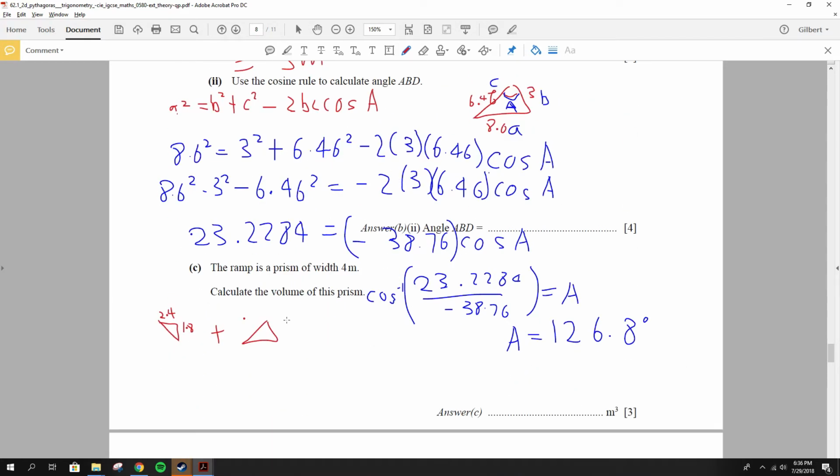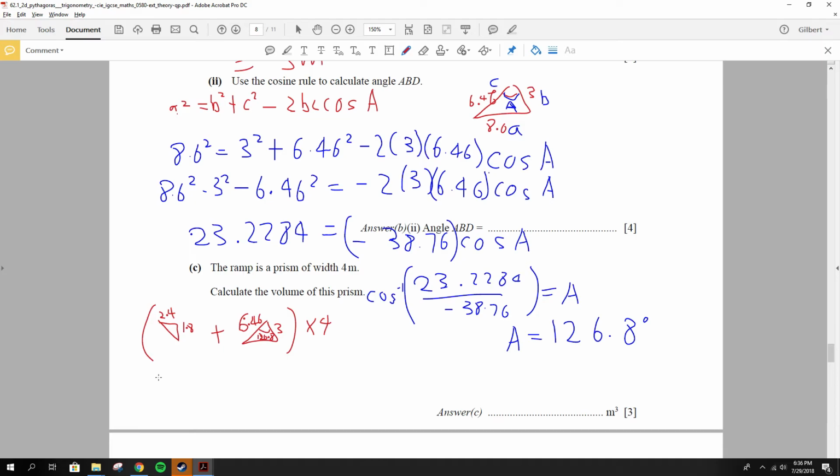The real values you needed were 6.46 and 3, and this angle of 126.8. Then this whole thing you need to multiply by 4.